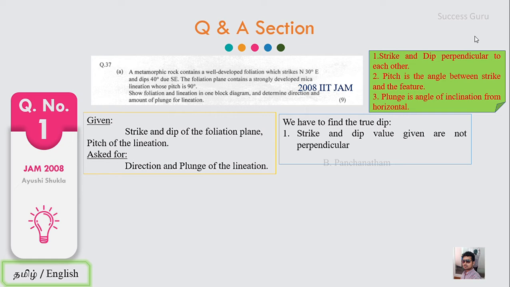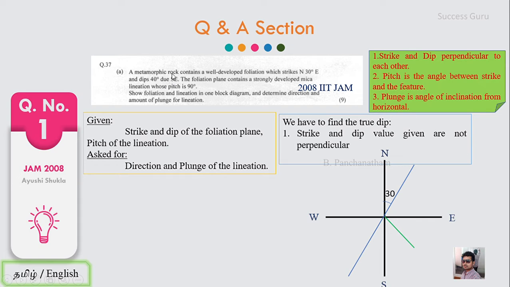The strike and dip, as you know, have a 90-degree relationship, but if you see the question, they are not actually perpendicular. Say this is north, south, east, west, and this is the strike line. The strike line mentioned is north 30° east. So this is the north direction, and from north it is 30°. And for the dip, that is due southeast and the amount is 40°.